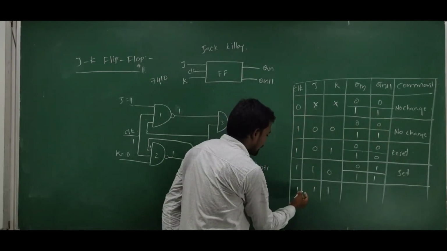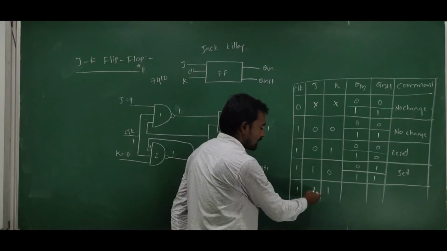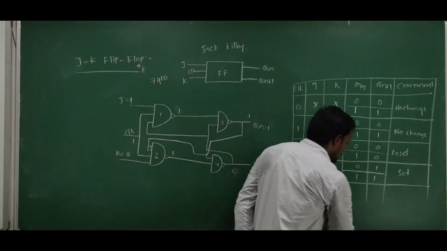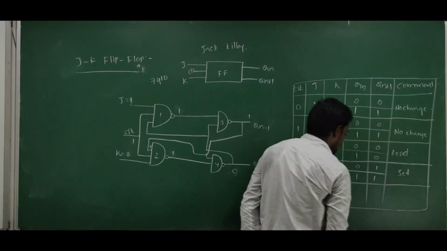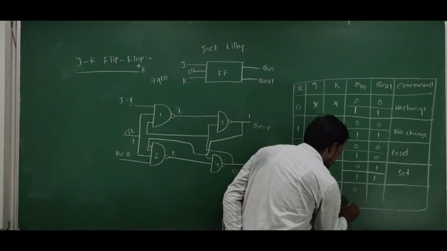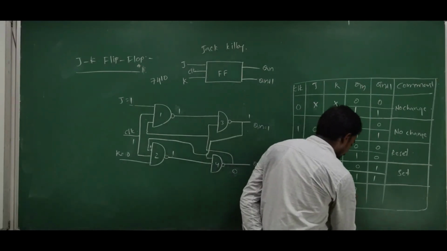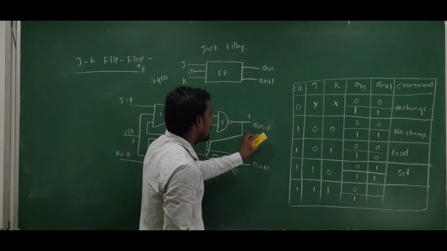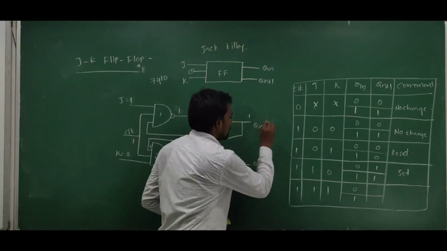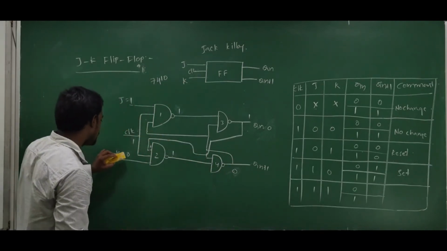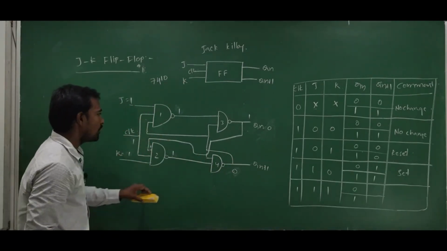Okay, and if the clock signal is equal to 1 and J is equal to 1 and K is equal to 1, all the inputs are active high, and for Qn is equal to 0 and 1, and in this state the Qn is equal to 0 and J is equal to 1, K is equal to 1.